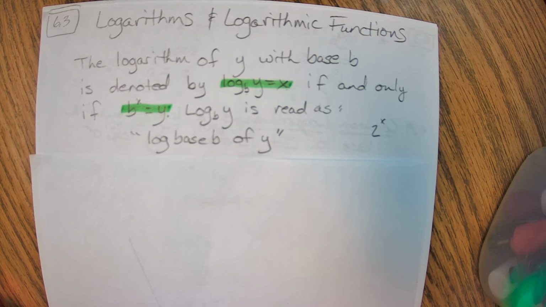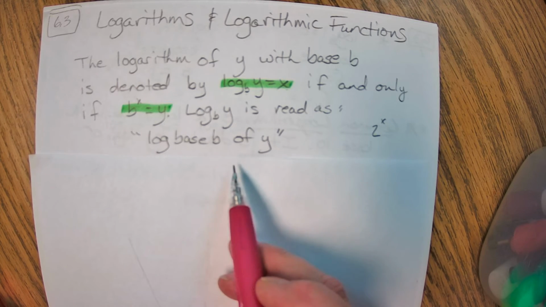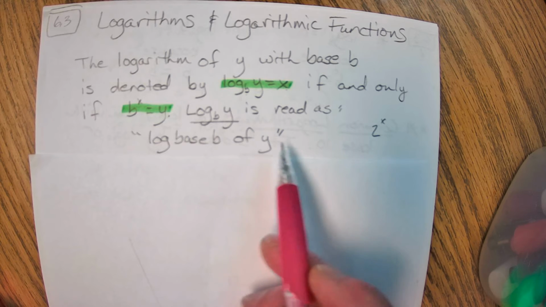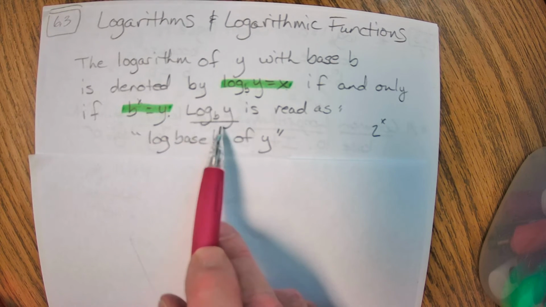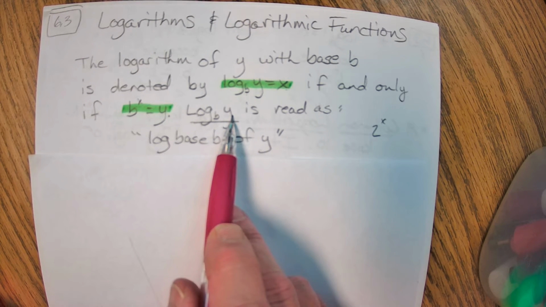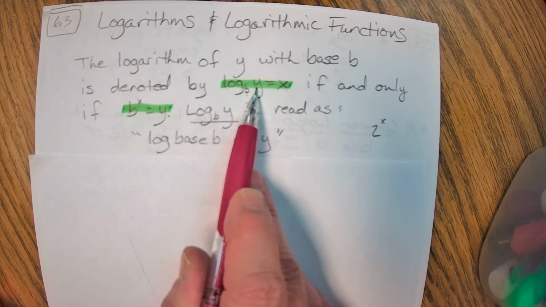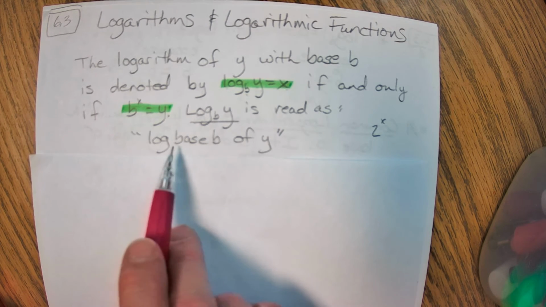That's what a logarithm is going to do for you. So this is read log base b of y, so this would be read log base b of y equals x.